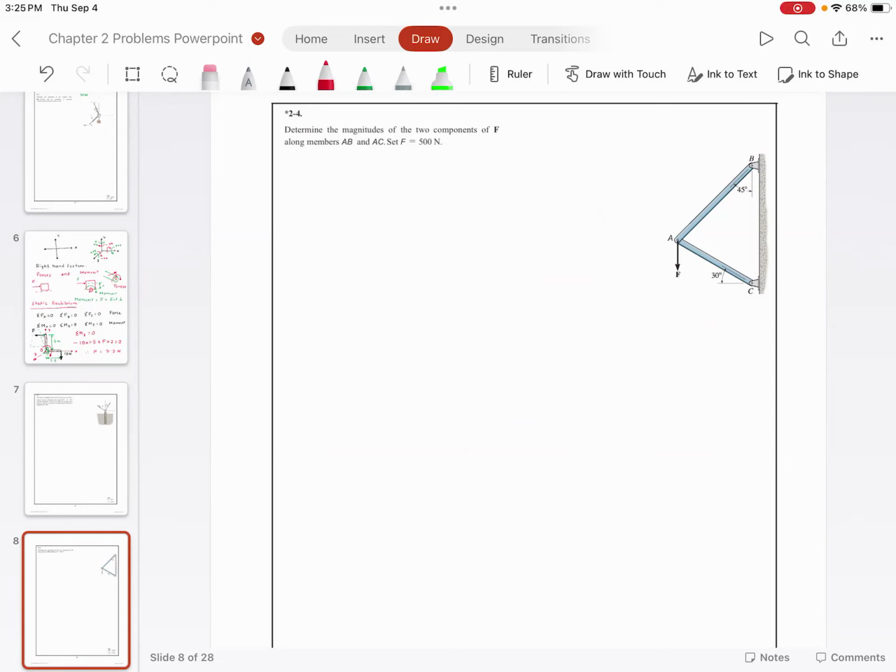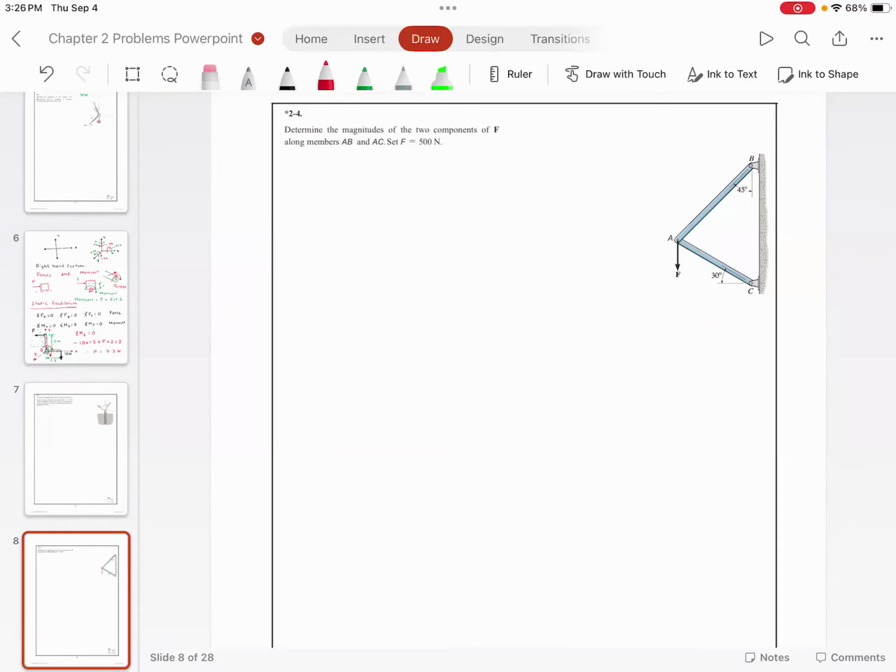This problem is very, very important. And before I start solving the problem, I want you just to tell me, the force at A is coming down. Because of this force, is member AB elongated or compressed? What do you think?